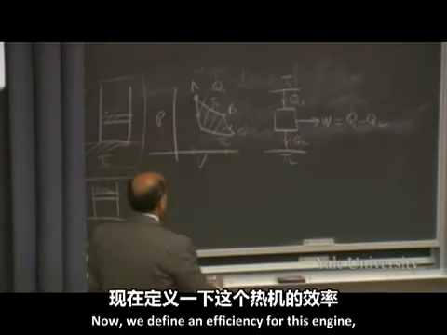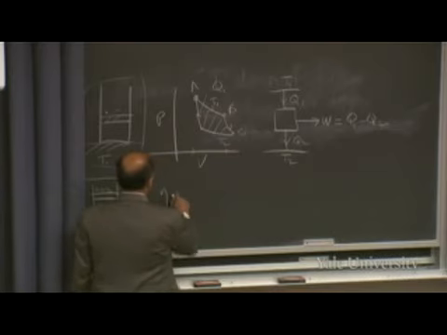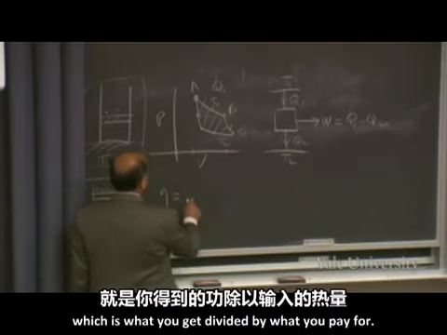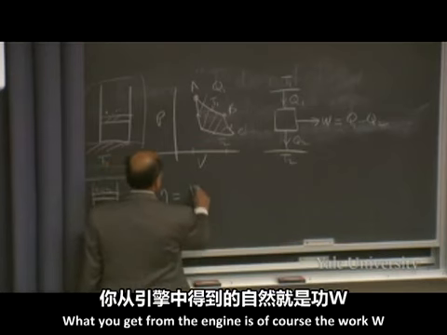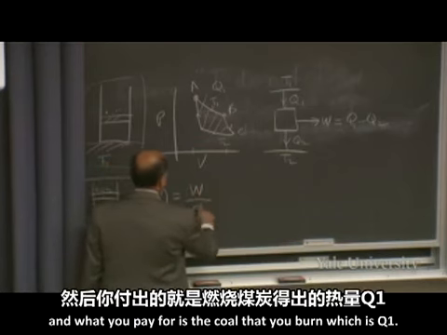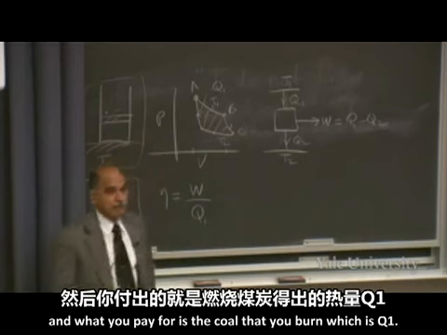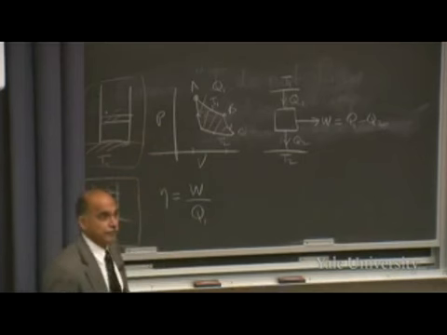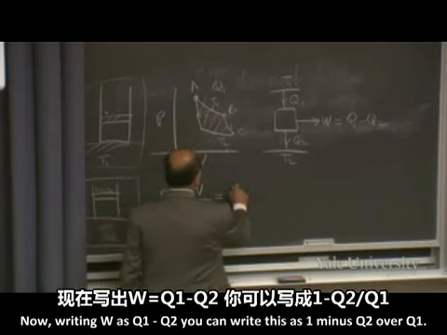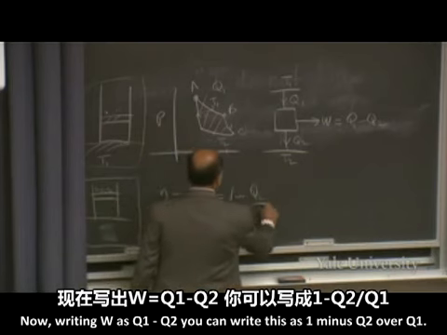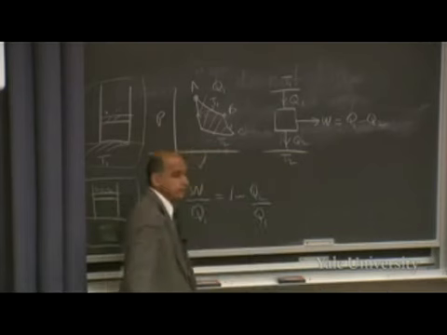Now, we define an efficiency for this engine, which is what you get divided by what you pay for. What you get from the engine is, of course, the work W, and what you pay for is the coal that you burn, which is Q1.